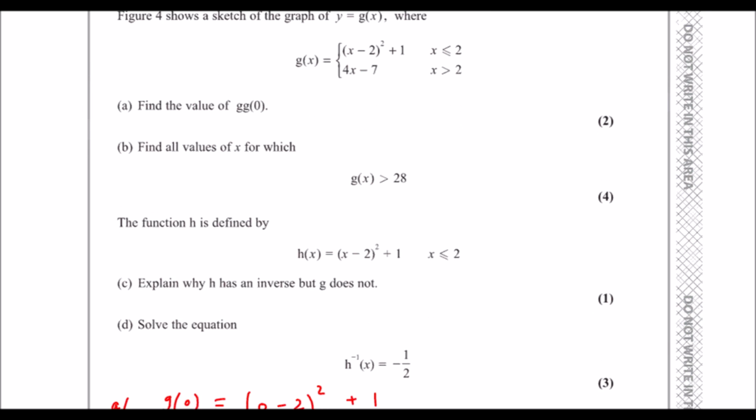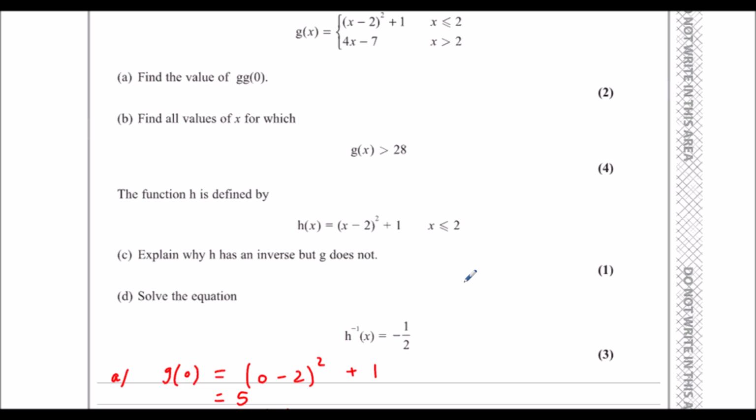And part D says solve the equation. So we want to know whether the inverse function of h is equal to minus a half. So the output of the inverse function is minus a half. But with an inverse function, the output becomes the input and the input becomes the output.